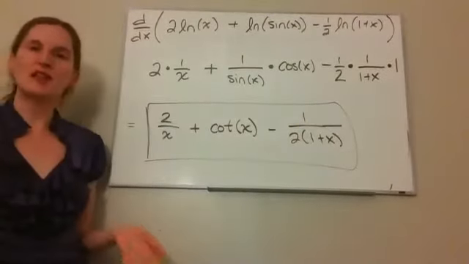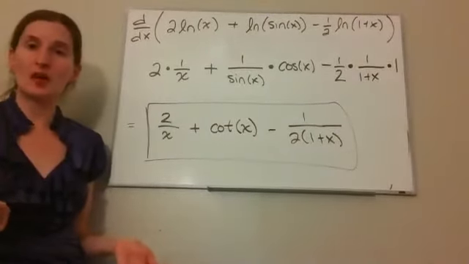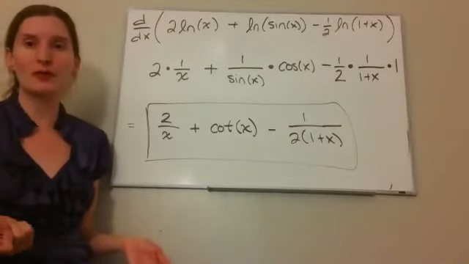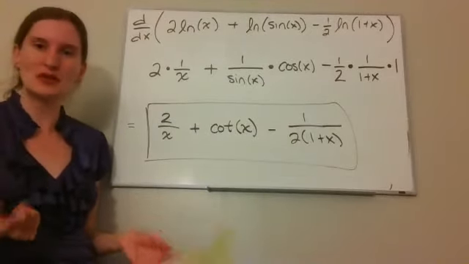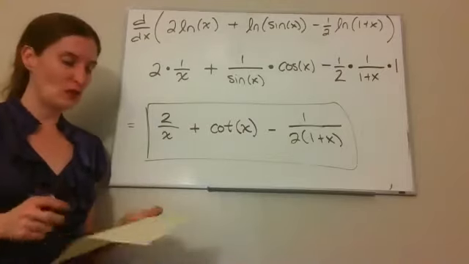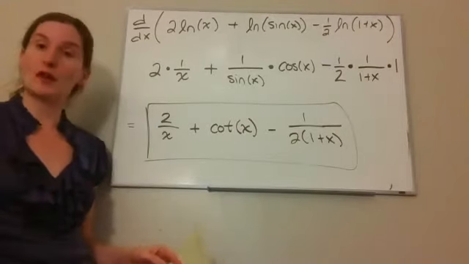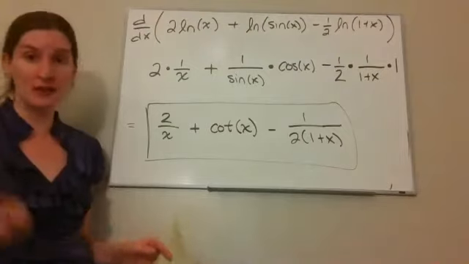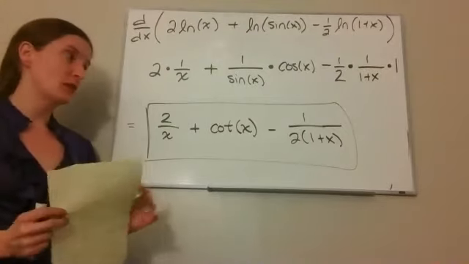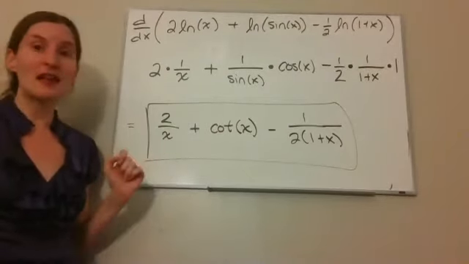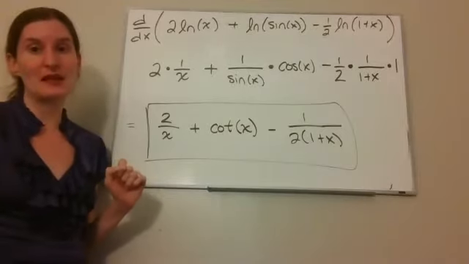Now, could we have done the original problem without using the log properties? Yes, we could have, but it would have been, honestly, pretty torturous. And if you use just your chain rule with a quotient rule and a product rule and another chain rule, your answer would very likely not look exactly like this, but it would be equivalent to this answer.